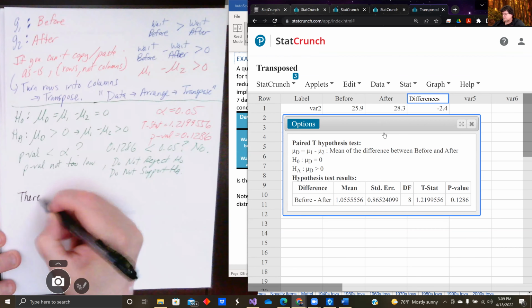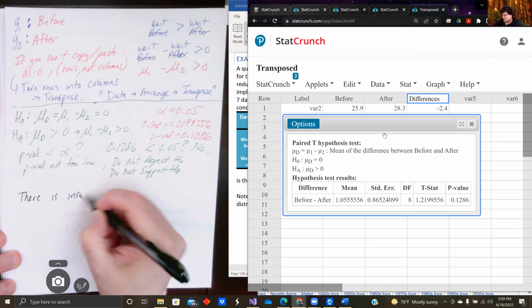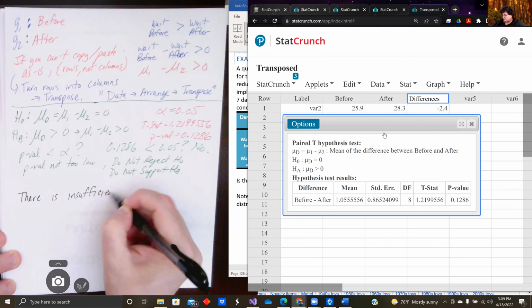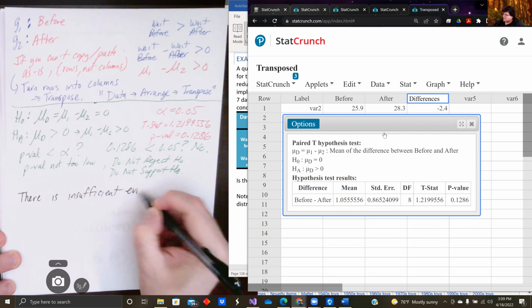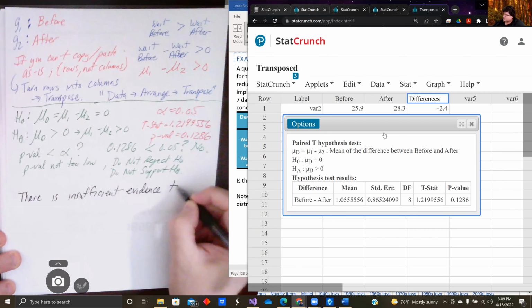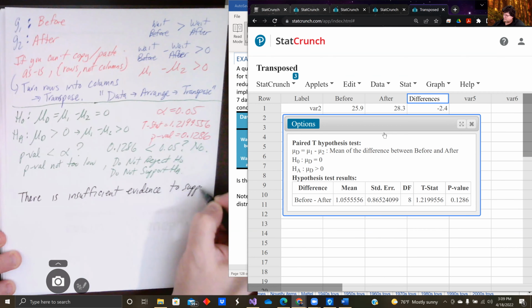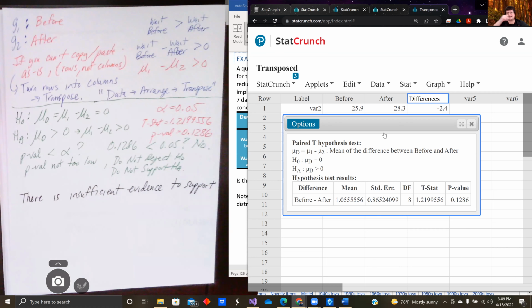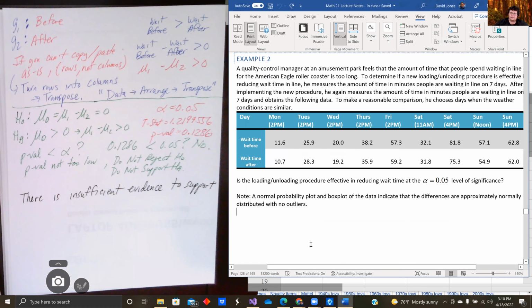There is insufficient evidence to support. At this point, I'm going to go back and read the actual problem and quote what I can there.